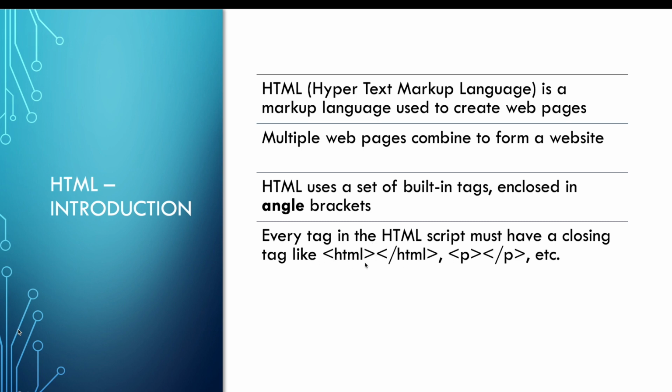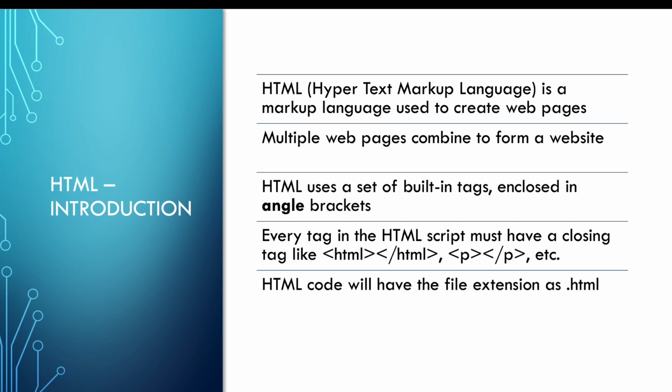These are angle brackets. This is the opening HTML tag and this is the closing HTML tag. Likewise, we have so many HTML elements, paragraph, H1, etc. When you write some HTML code, you need to save a file. For example, an image has .jpg, whereas a web page extension will be .html.